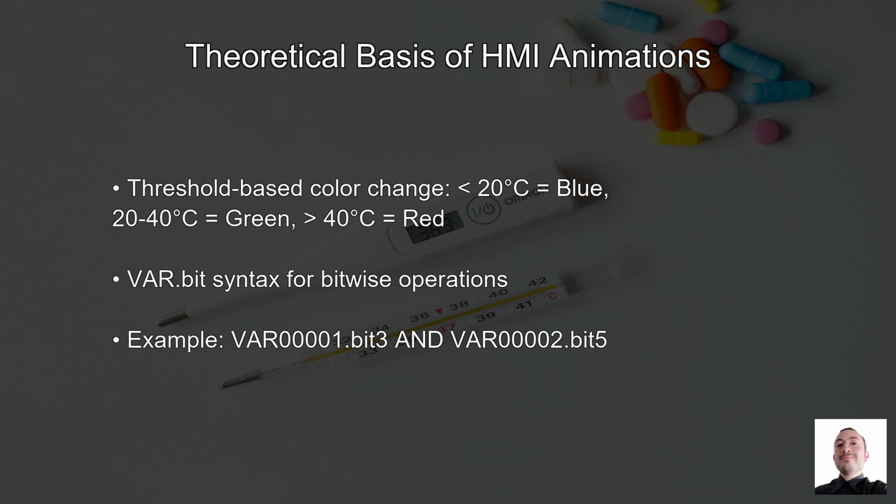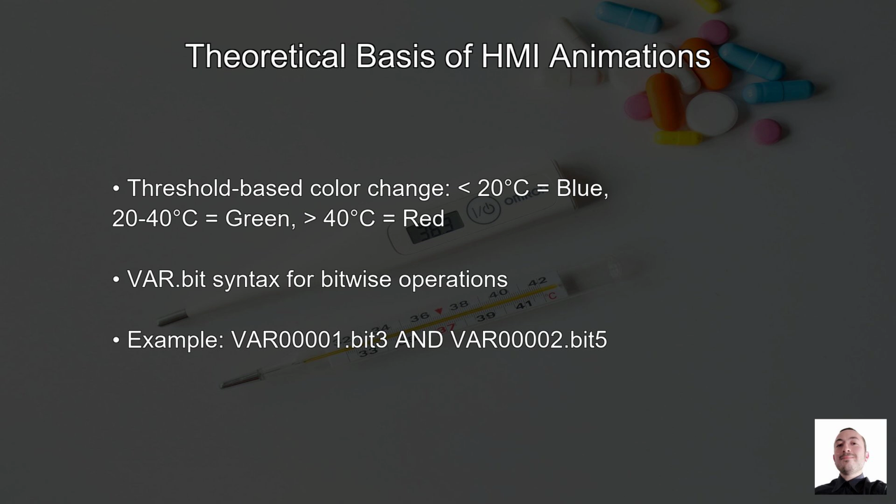Understanding the theoretical basis of HMI animations is crucial for effective implementation. At its core, an HMI animation is a visual representation of a process or data change. Imagine a rectangle that changes color based on temperature readings. This is achieved by linking the visual element to a variable that represents temperature.